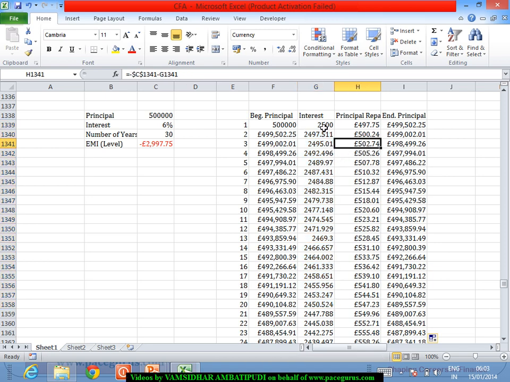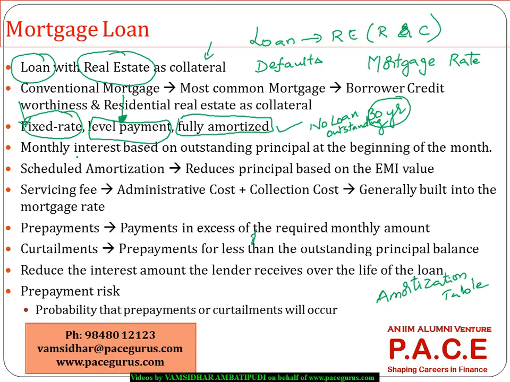And along with that, these mortgages generally charge a servicing fee, which is primarily used to cover the administration costs, some kind of documentation and such costs, along with a collection cost, because on a regular basis, in case the interest and the principal repayments do not happen, giving some calls or sending persons, all these things come as a part of a servicing cost or servicing fee.